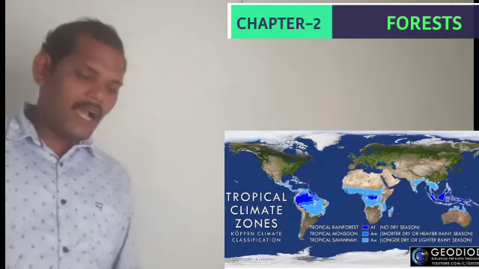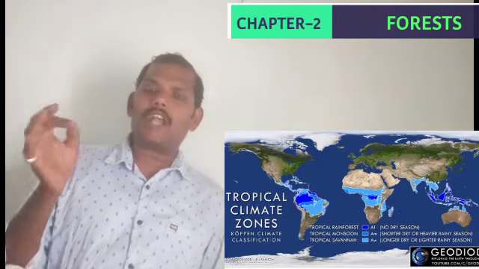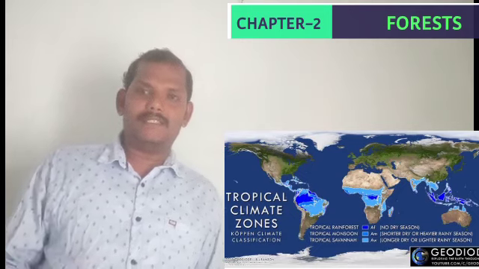A total of 7 climatic zones are divided by the geographers according to temperature and precipitation. What are they? First one is the equatorial region or the tropical climate region.